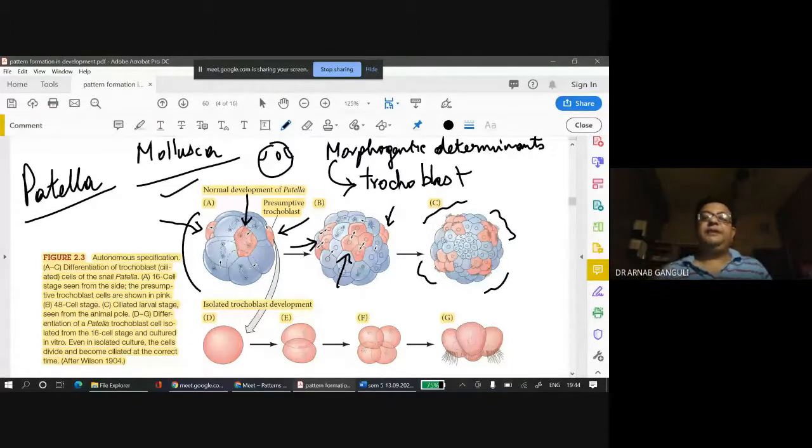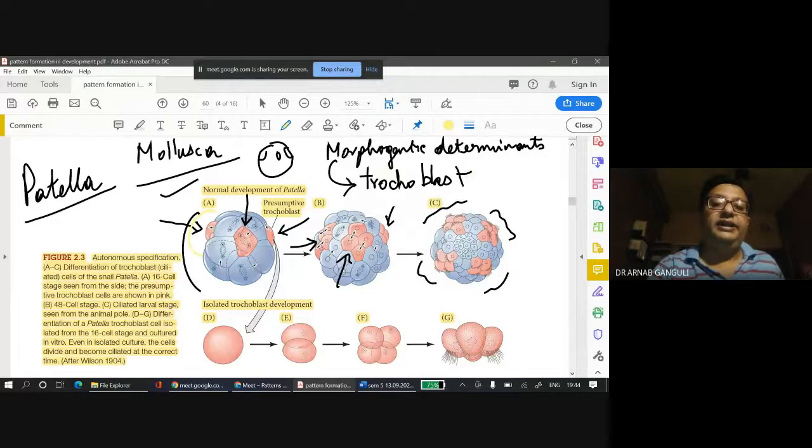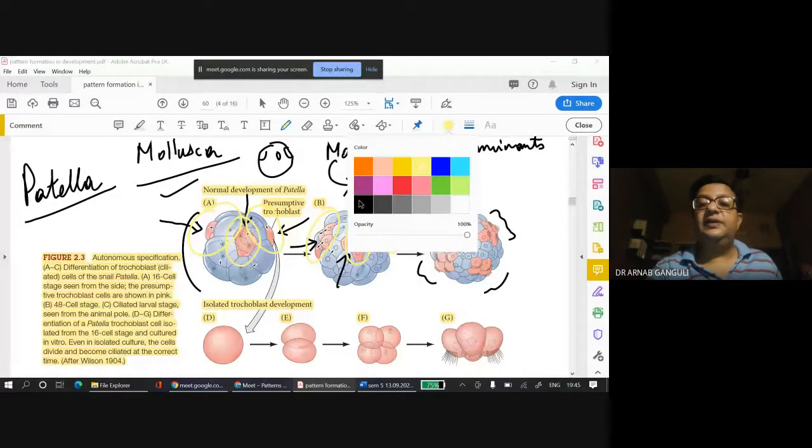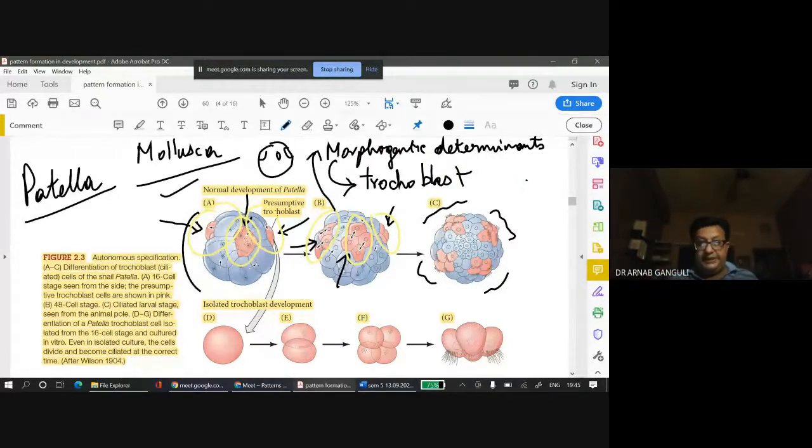Already something was present inside the cell. Then the cell divided. Let's use a lighter color here. Already in this region, this region and this region, there was a morphogenetic determinant present, which told that this will form trochoblast cells with cilia.